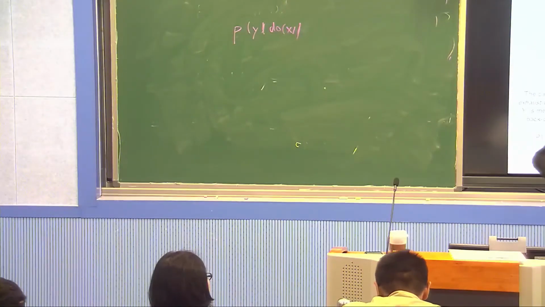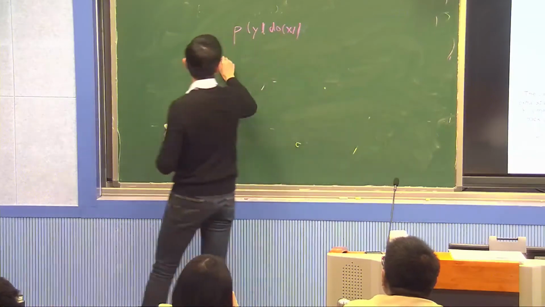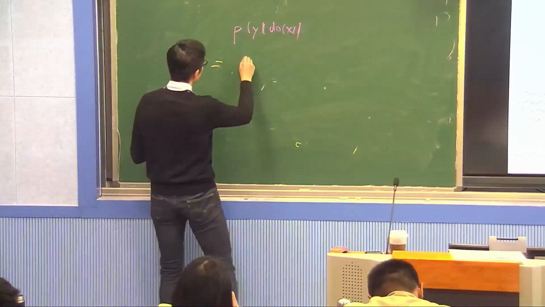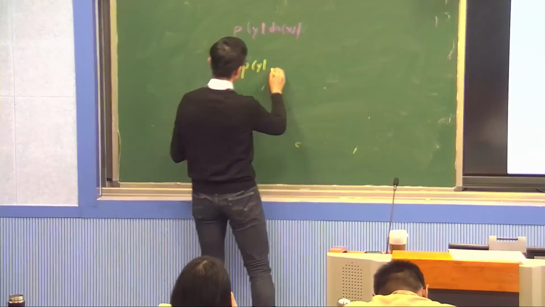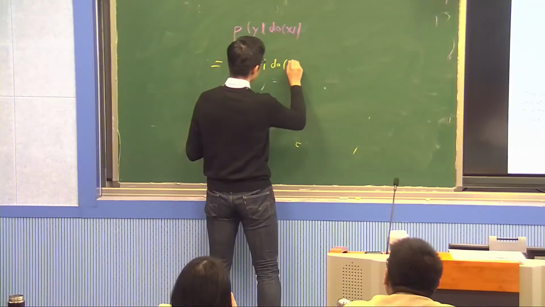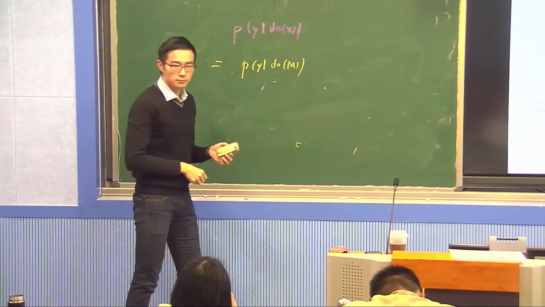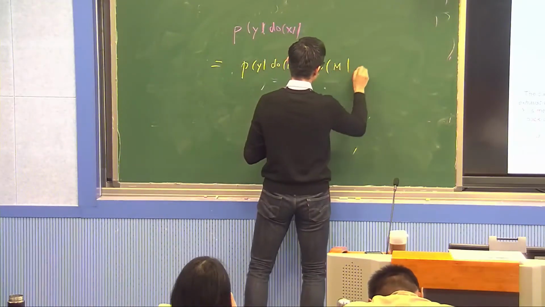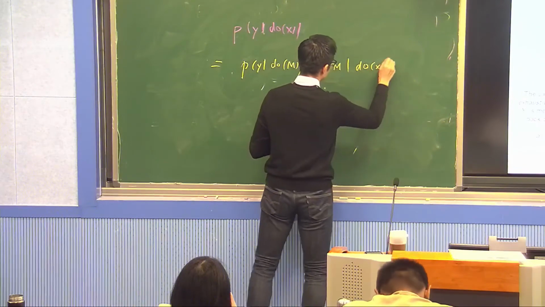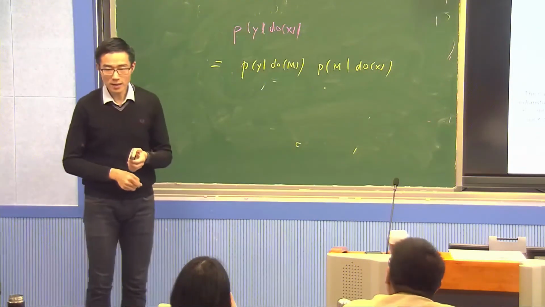Let me decompose it into P(y | do(m)) and P(m | do(x)). Can I do that?